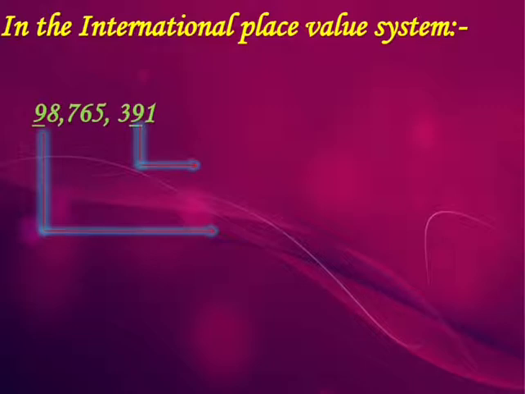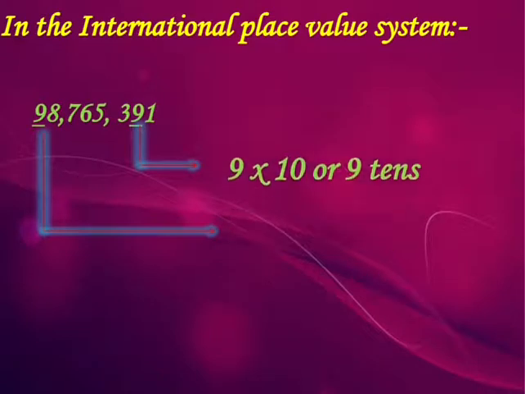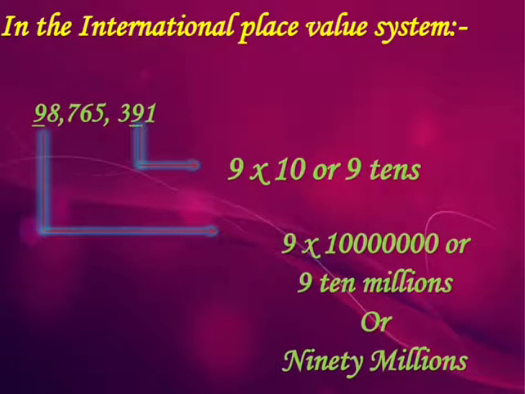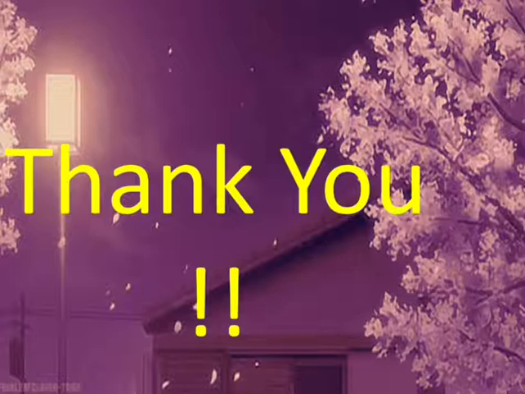Similarly, in the international place value system, our periods or the commas will be placed after exactly 3 digits. So the place value of the first 9 will be 9 into tens, that is 9 tens. And the place value of the second 9 will be 9 into 10 million, or we can say 90 millions.